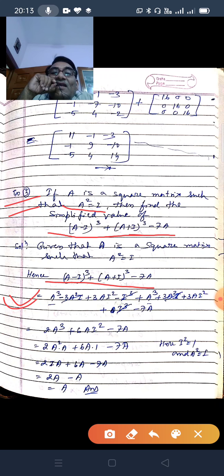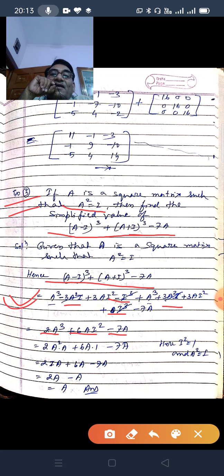You see minus 3A square I and plus 3A square I get cancelled, and minus I cube plus I cube is also cancelled, and only the remaining part is there. The remaining part is A cube plus A cube, that is 2A cube, and plus 3AI square plus 3AI square, that is 6AI square, minus 7A. Okay.